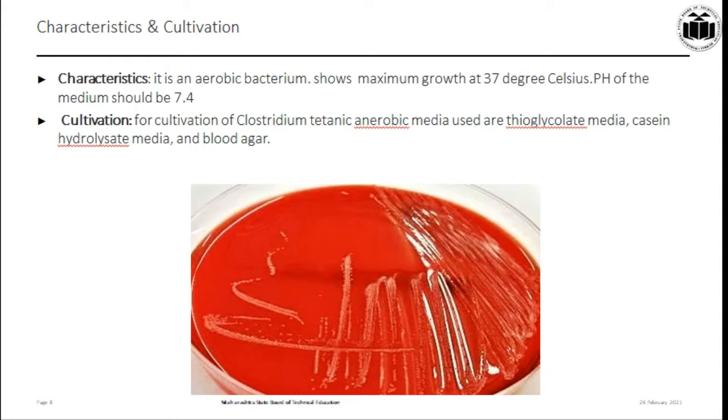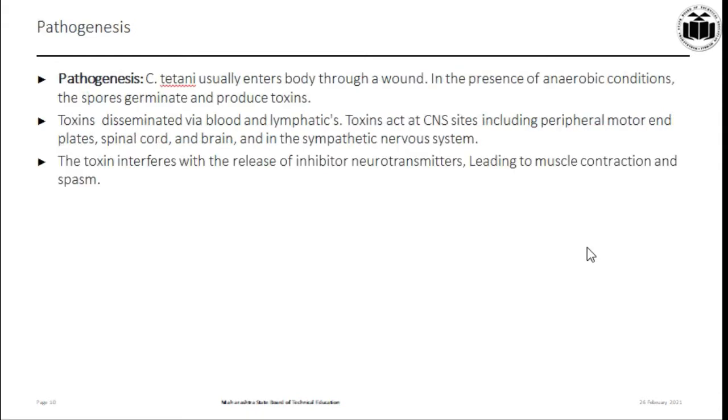After seeing the cultural characteristics and cultivation method, we are now going to see the pathogenicity of Clostridium tetani. Clostridium tetani usually enters the body through wounds.